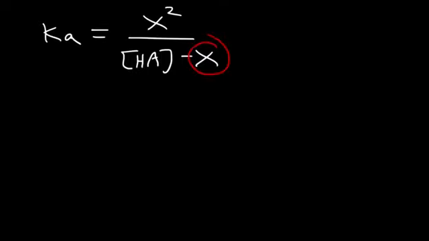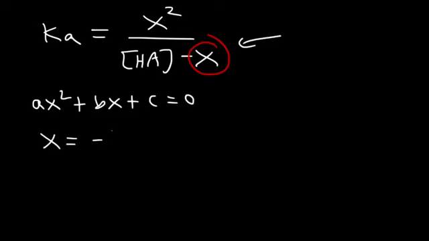If Ka is not very small, then you may have to use the quadratic formula. So once you get the equation in the form ax squared plus bx plus c, if you can't ignore this x, here's the quadratic formula that you need. It's negative b plus or minus the square root of b squared minus 4ac, divided by 2a.